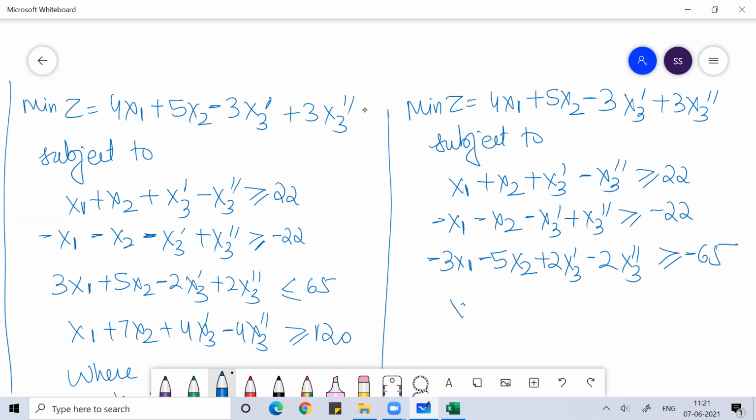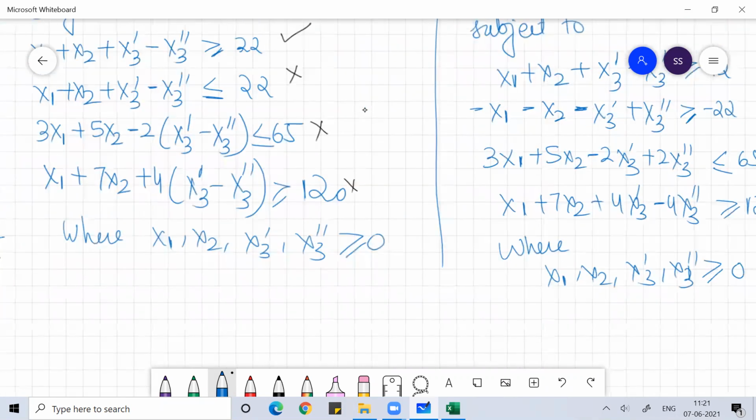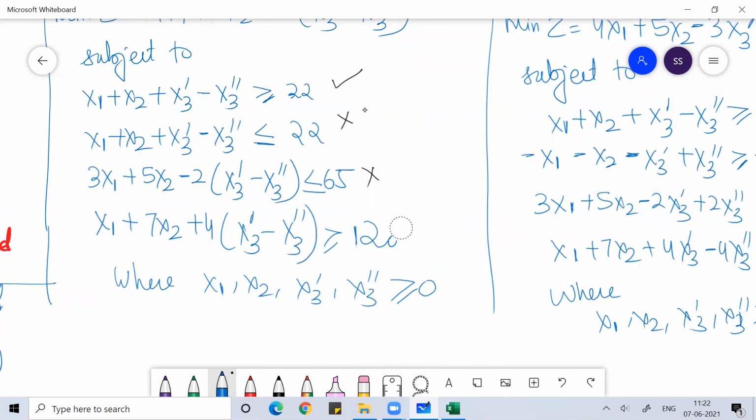This would be x1 plus 7x2 plus 4x3 dash minus 4x3 double dash greater than or equal to 120, where x1, x2, x3 dash, x3 double dash is greater than or equal to 0. So this was greater than or equal to only, guys.